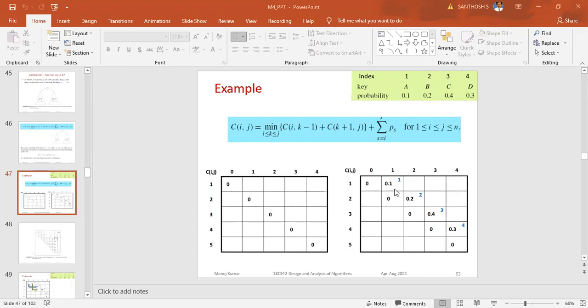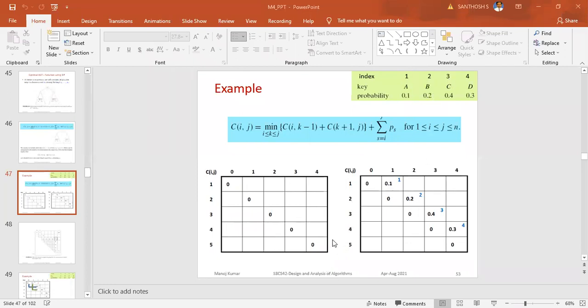So now come to the value part. At index 1, that means 1, 1. So index 1 means row should be 1 and column should be 1. For index 2, row should be 2, column also 2.